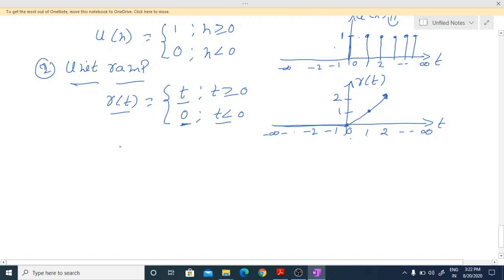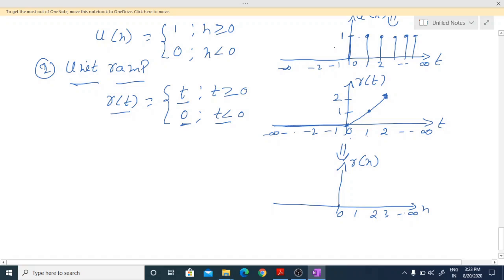And now we can represent this continuous time ramp signal in the discrete case. Here the n, and in the case of a discrete signal the ramp signal is indicated by r of n, up to infinity.